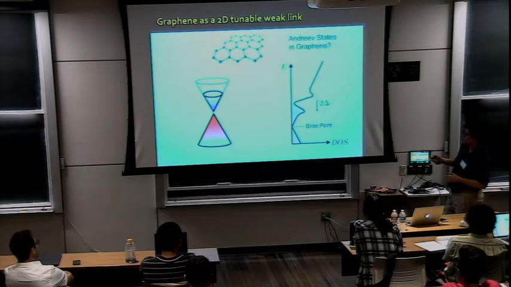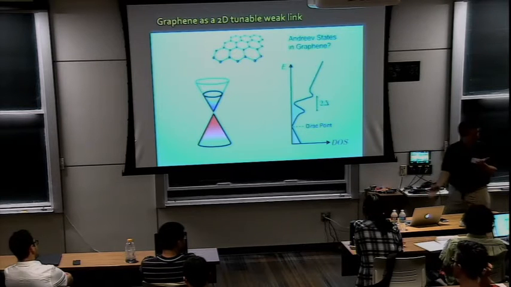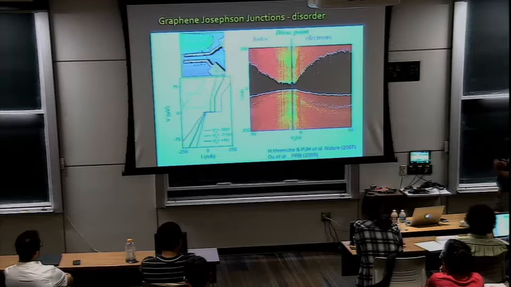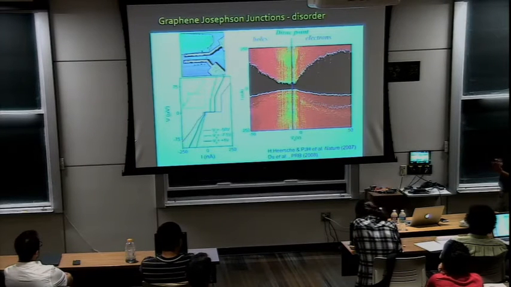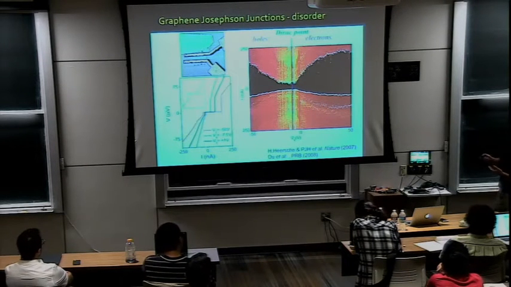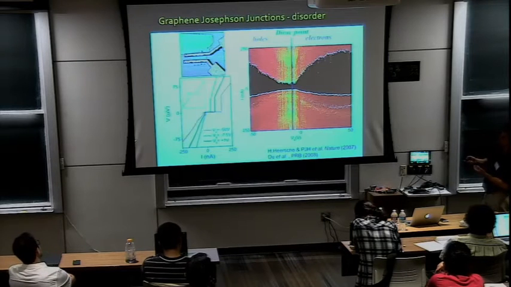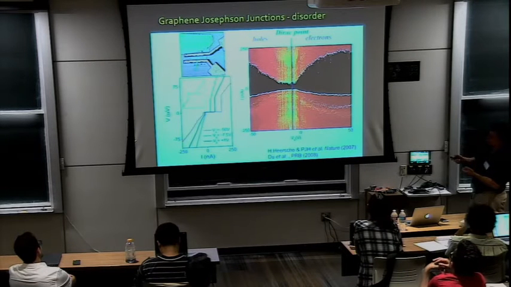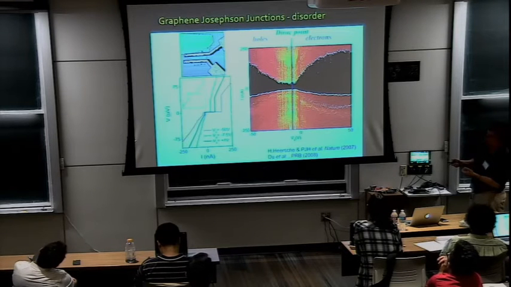You can try to proximitize graphene, and you can change your charge density, your Fermi energy, with a gate voltage. In fact, quite a number of years ago, we measured this. We had a piece of graphene with 2 aluminum electrodes attached to it, and we could bias this Josephson junction with current, and in some range we would see a 0 voltage drop, which means you have a supercurrent.